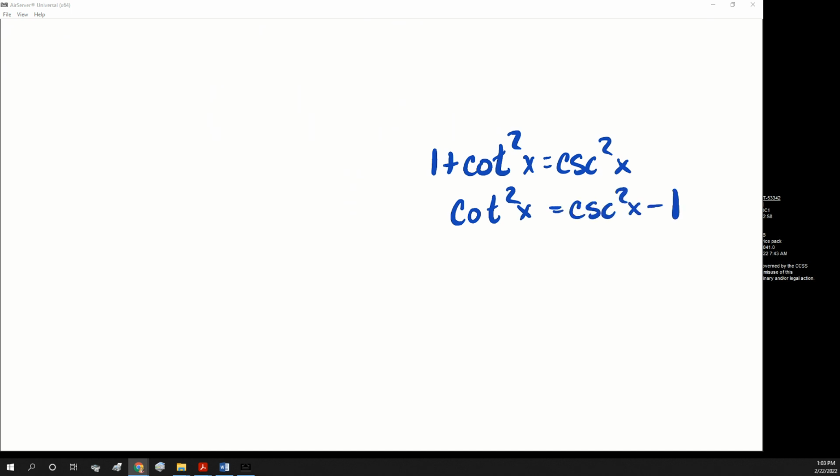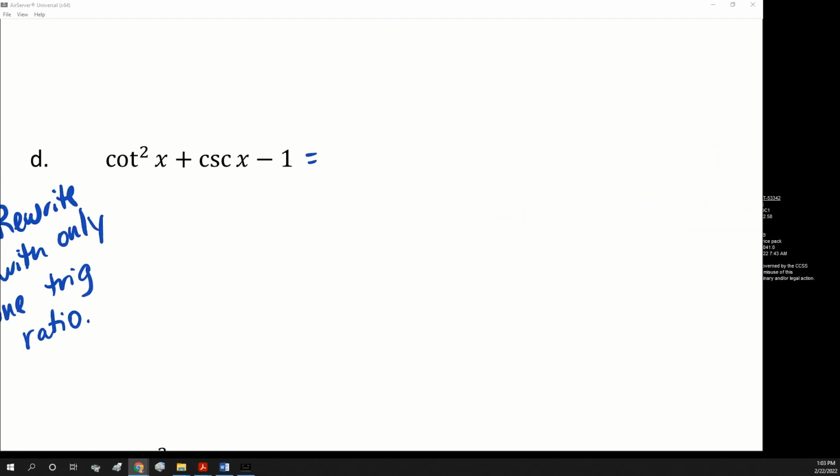So that means that anytime I have cotangent squared of x, I can write it as cosecant squared of x minus 1. Every time, if I want to, I can do that. So in the place of cotangent squared, I'm going to write cosecant squared of x plus 1 minus 1. Did I say minus 1? I think I said plus 1.